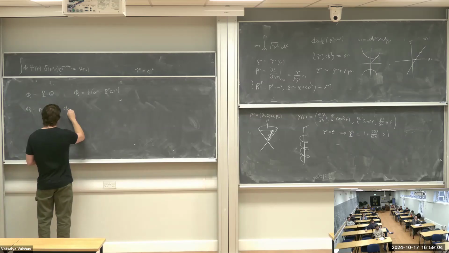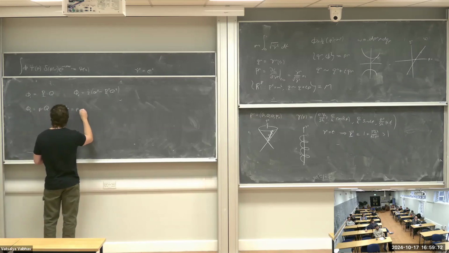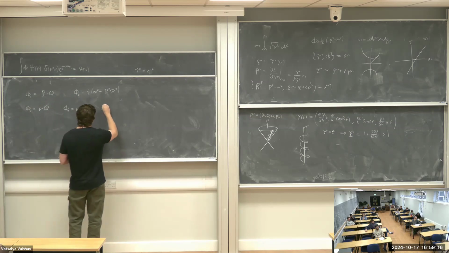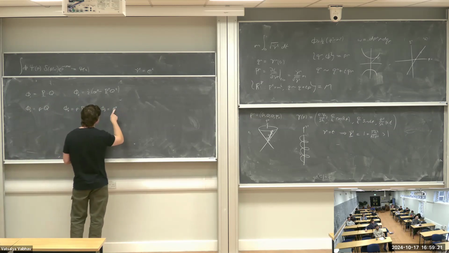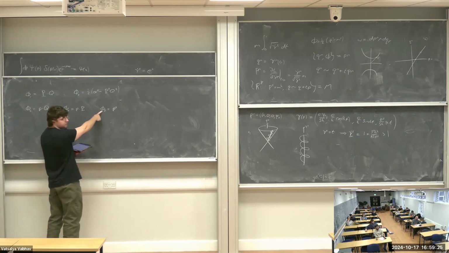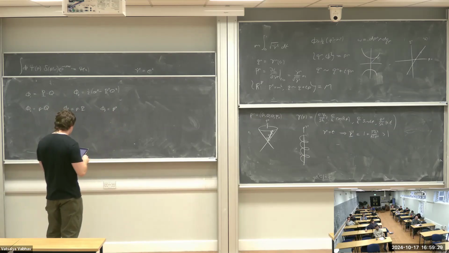The fourth constraint is that small p dotted with Q is 0. The small p is also orthogonal to big P. And the final constraint tells us that small p squared is 0. And so you can read off from this one that it's a massless particle, which is why I chose a null geodesic over there.